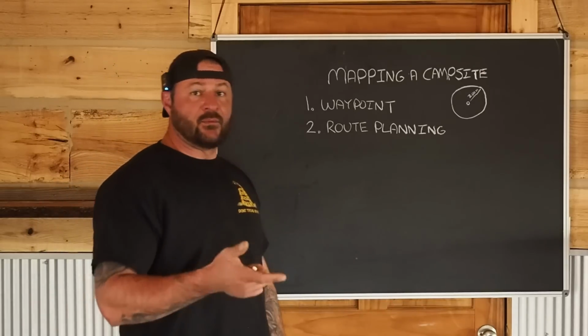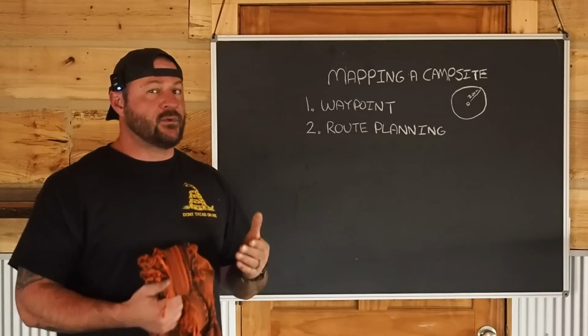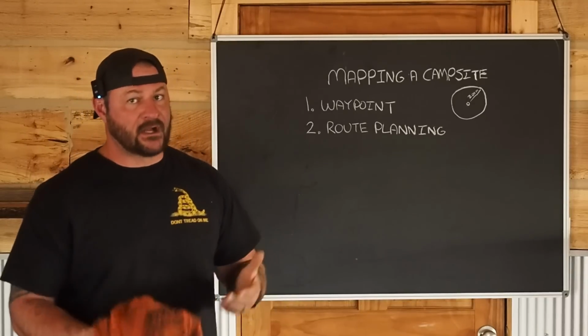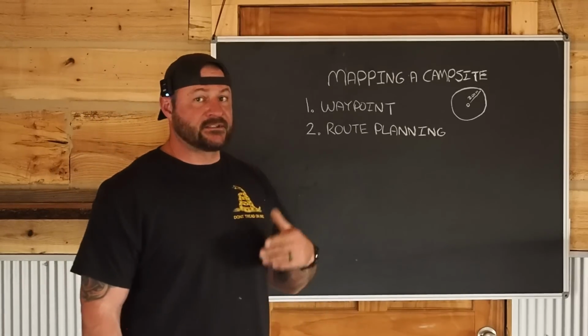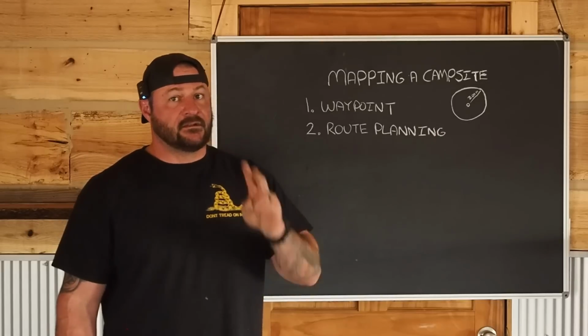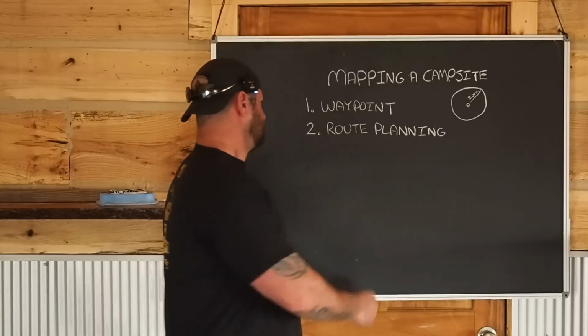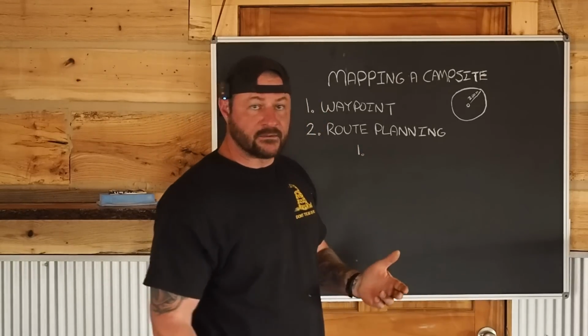Now, route planning. This is where it gets complicated, but it's so easy, people tend to overcomplicate it. For route planning, like we discussed in the very beginning, you need to have knowledge, at least basic knowledge, of 2 things. 1, pace count.